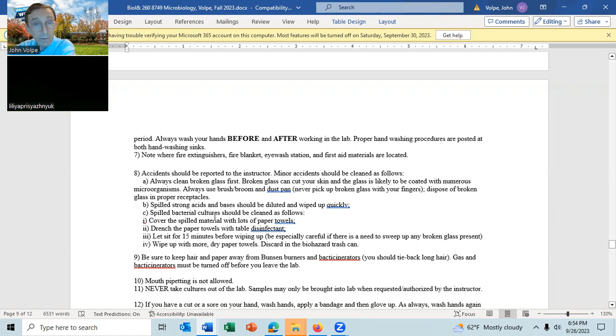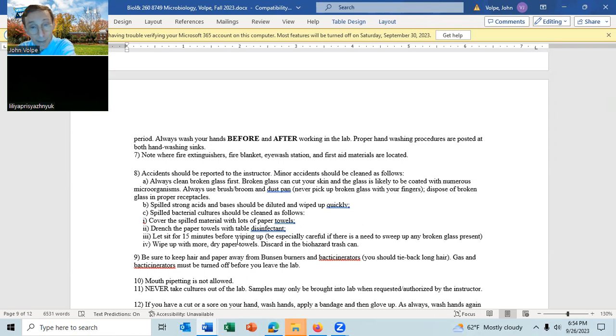Spilled bacterial culture should be cleaned as follows. You cover the spilled material with lots of paper towels. You then drench the paper towels with a disinfectant. You let the disinfectant stand for 15 minutes before wiping it up with paper towels.